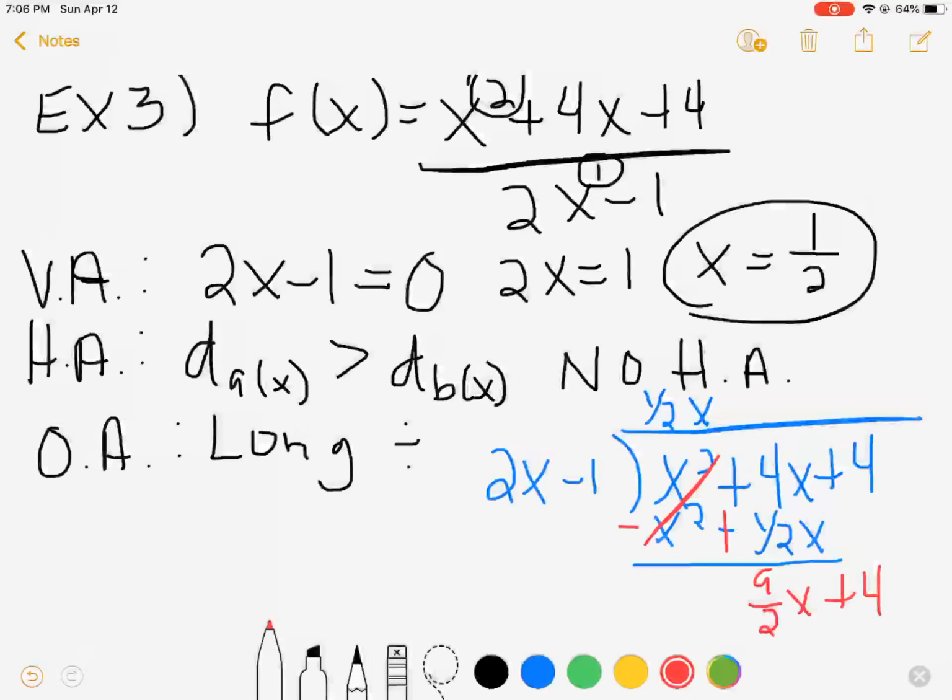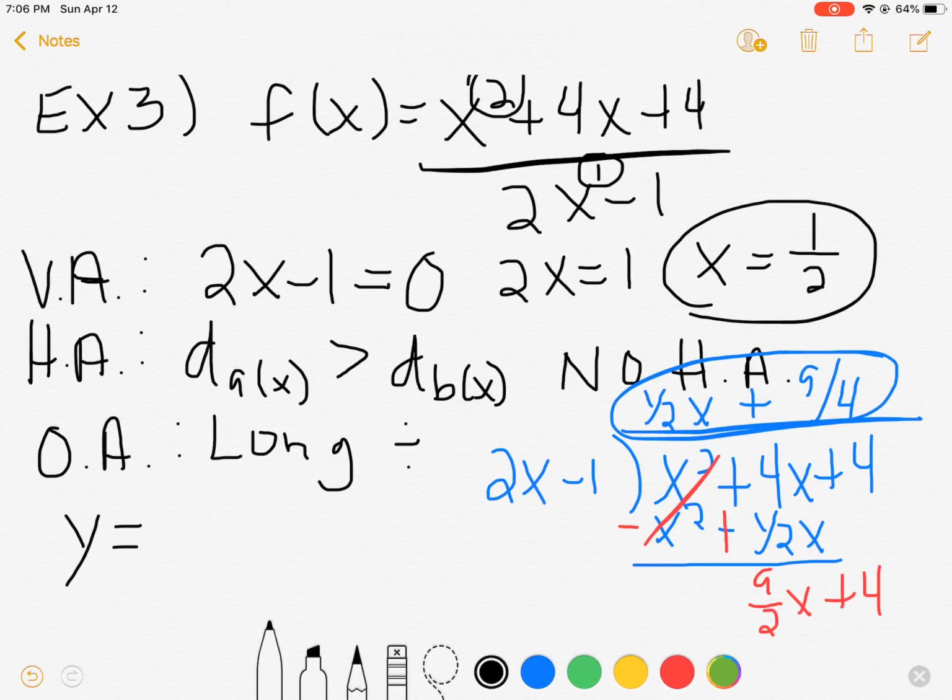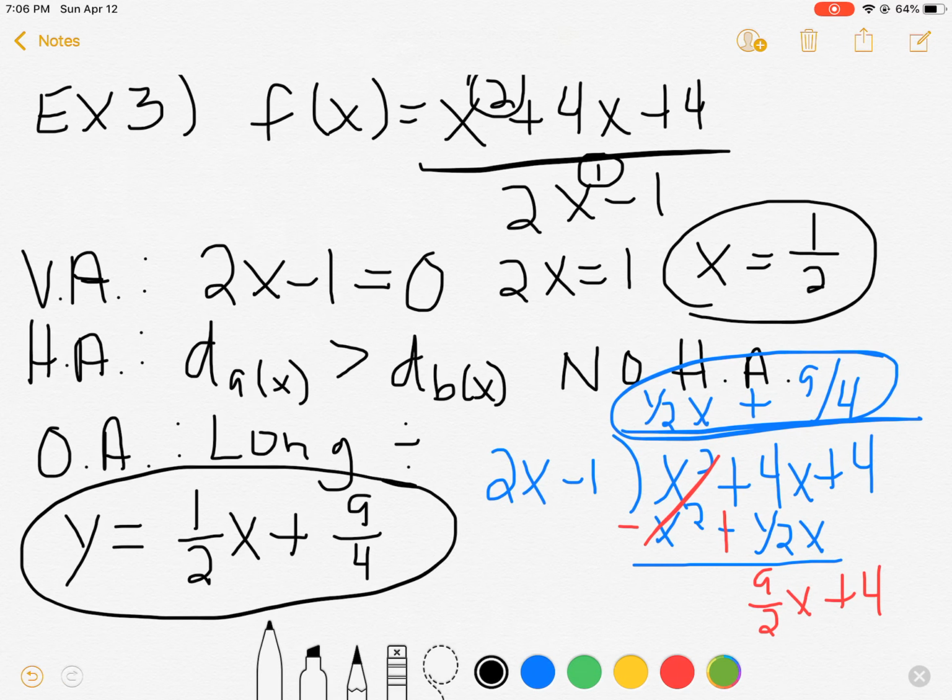How many times does 2x go into 9/2 x? 9/4 times. It's just 9/2 divided by 2. And then this is my answer. As soon as I get y equals mx plus b form, then I am finished with finding my oblique asymptote. So I have two asymptotes, y equals 1/2 x plus 9/4 and x equals 1/2. So let's do the graph for that.